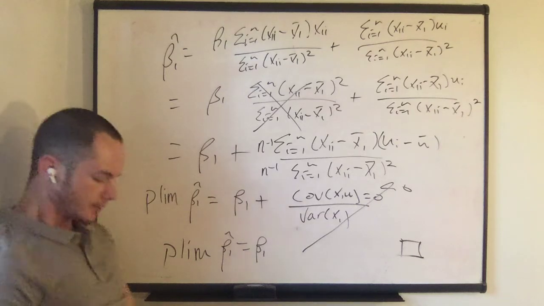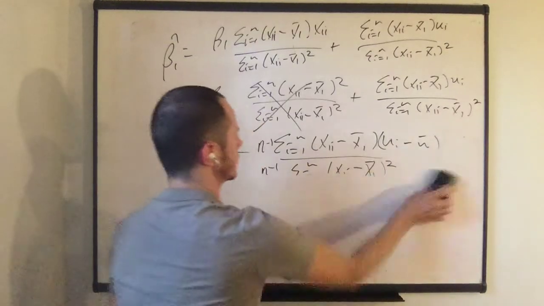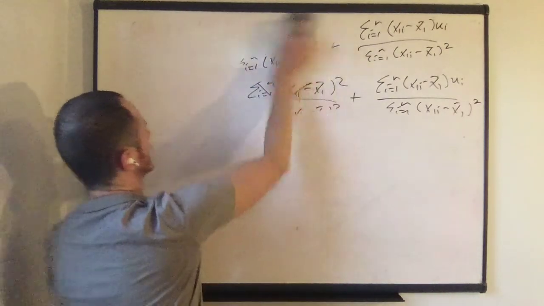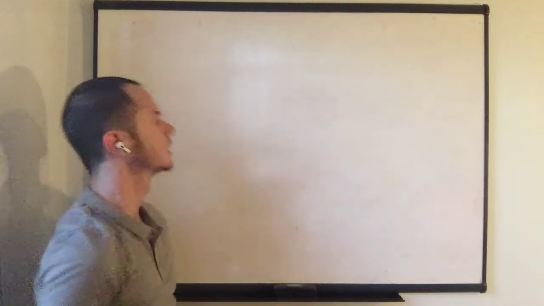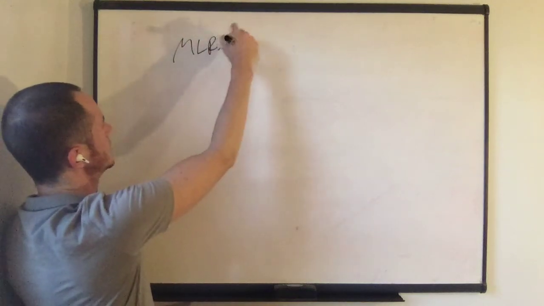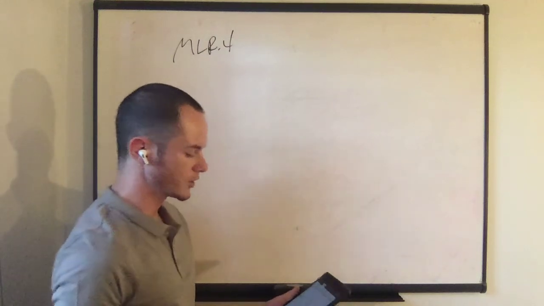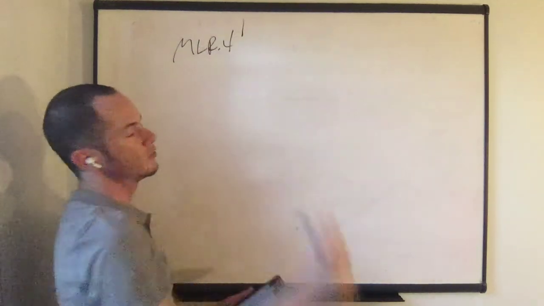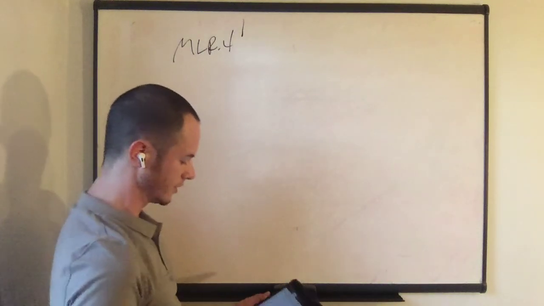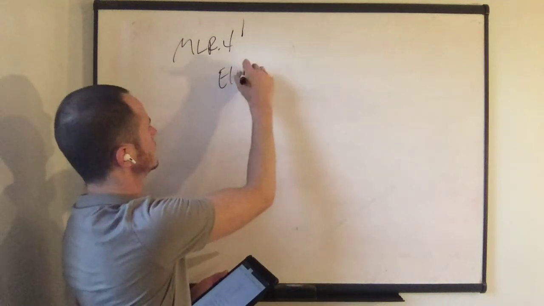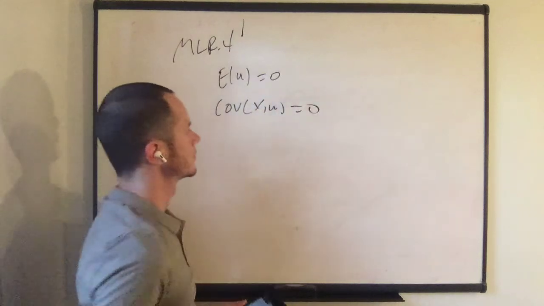Let's add on to this a new assumption, which is a revision to the fourth assumption. The fourth assumption, multiple linear regression assumption number 4, is the zero conditional mean assumption. And we're going to make a revision to that, the zero mean and zero correlation assumption, that is, the expected value of u is equal to 0 and the covariance of x and u is equal to 0.